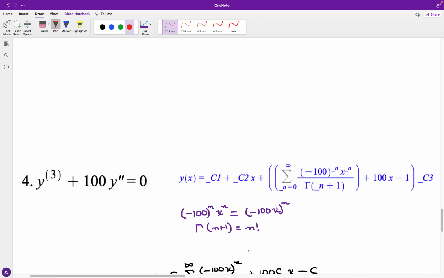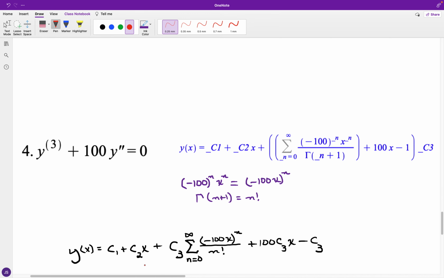And looking at what we have in carrying over to y of x, okay, notice we have, upon expanding, c sub 1 plus c sub 2x, and we have plus c sub 3 times the quantity of negative 100x raised to the nth power all over n factorial. And following this summation, we have 100 c sub 3x minus c sub 3.